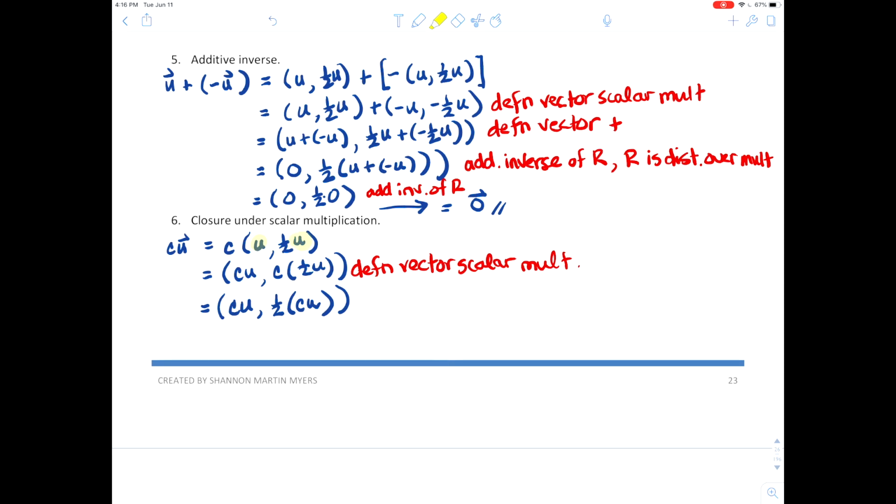So now, in the first component, we have c times u, so we need a c times u that's grouped after that 1/2. All right? And we were able to do this because the set of real numbers is commutative under multiplication.